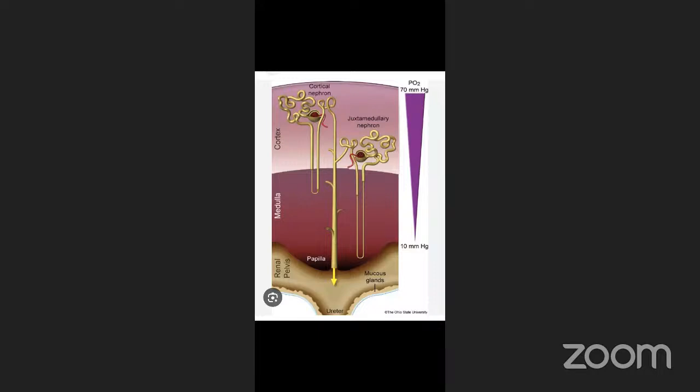So, adaptive features, I will bring this later on, the adaptive features of a certain animal to a given environment, depending on where it stays. It's also dependent on the size of the kidney, the size of parts of the kidney.